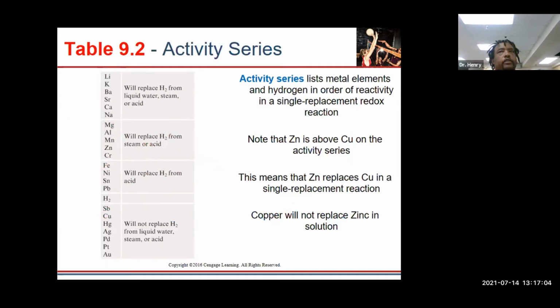Okay, so when we're talking about single replacement reactions, this is a hierarchy. You guys know what I mean by a hierarchy? Anyone? Leanne, are you there?